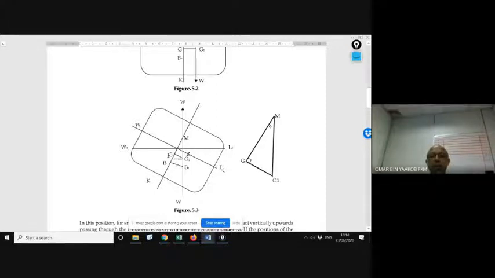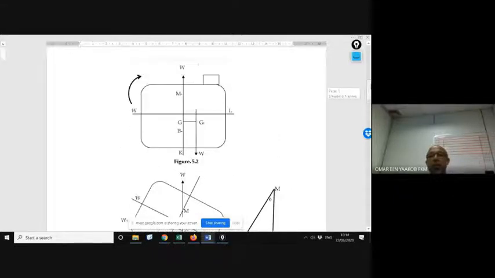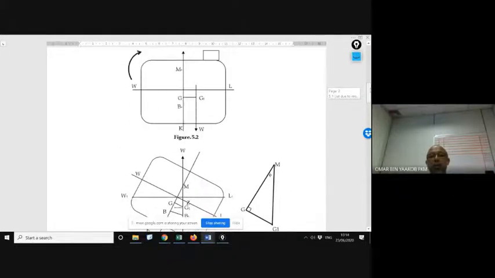So at this point, it goes here until the point that the center of buoyancy is directly under the center of gravity, and it goes up through the M. So M is basically the point, as we see, that will not change.